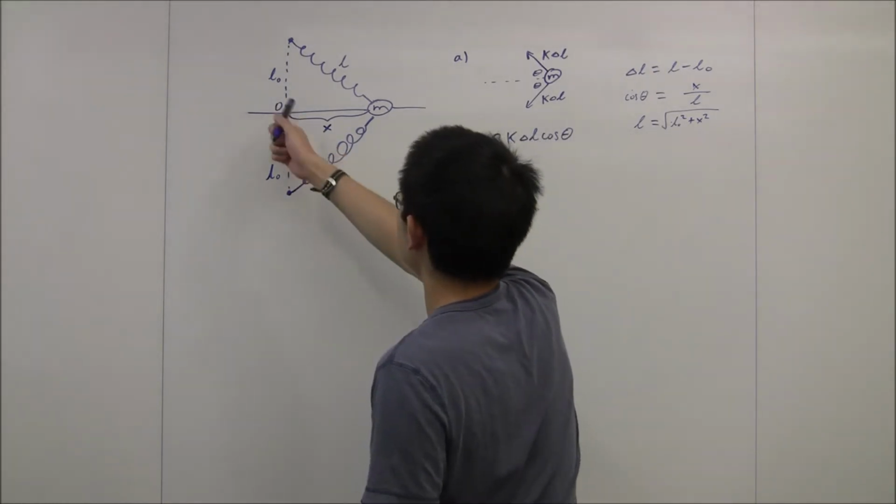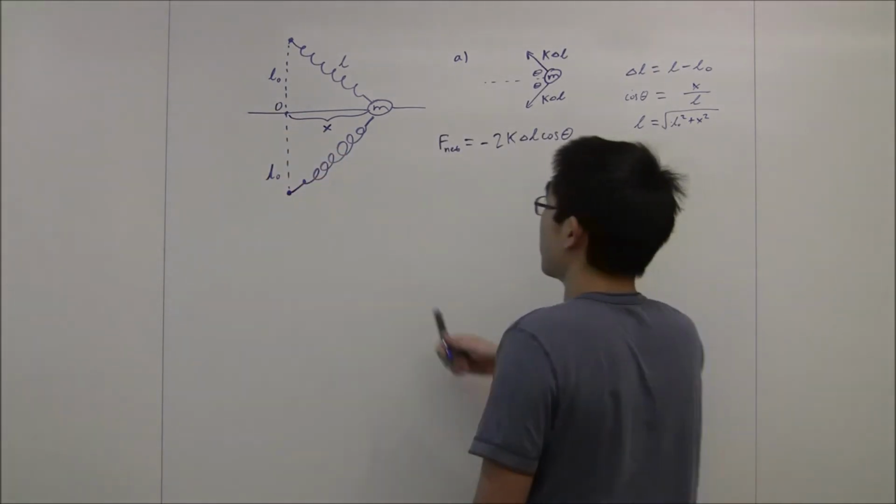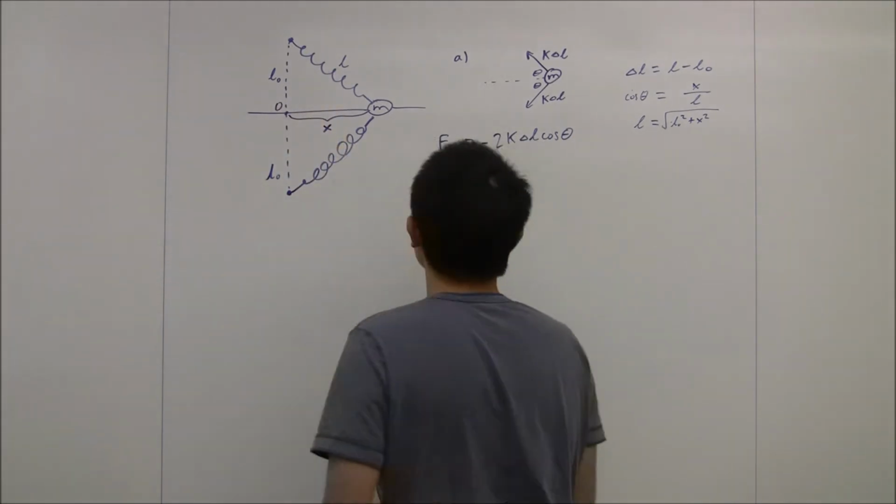So that's just using the Pythagorean theorem, where a squared plus b squared is equal to c squared.